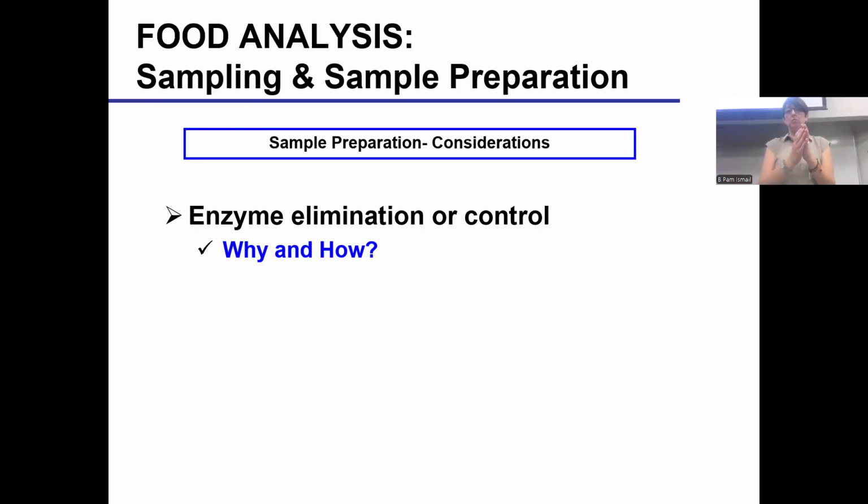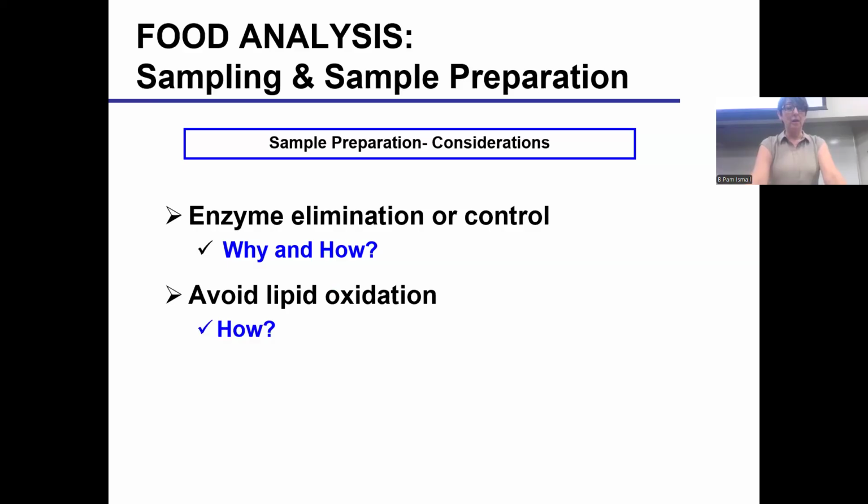And then you can dry the sample if that is not going to impact the characteristics that you're measuring. You can also put enzyme inhibitors or chemicals like sodium azide that will prevent enzyme activity. Okay. So different ways, but they have to be eliminated.